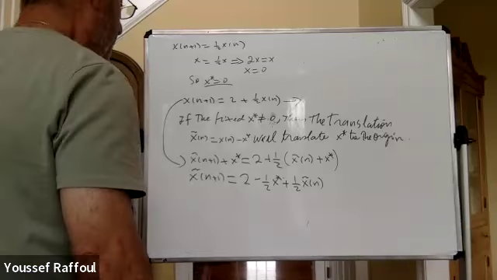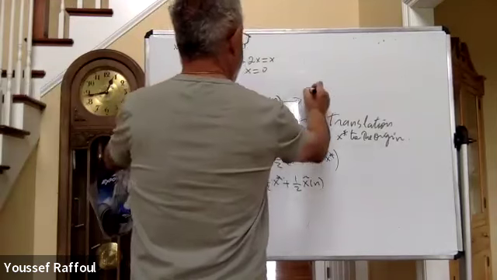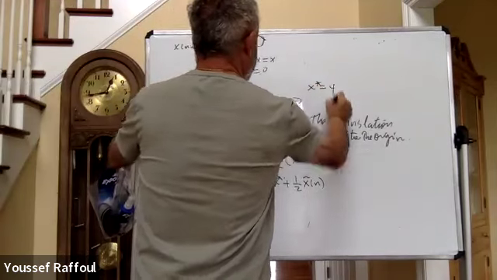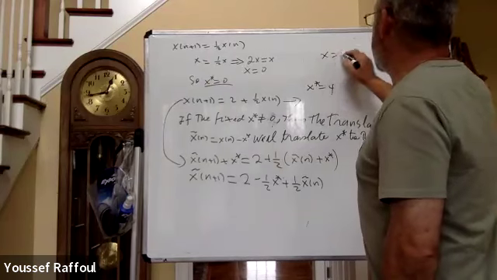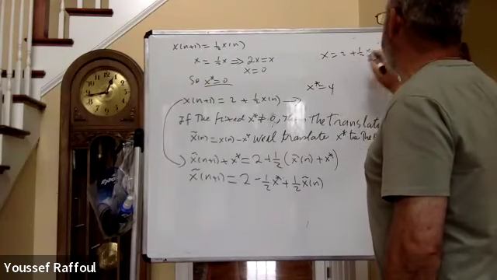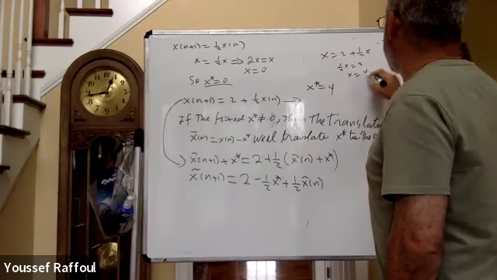So, for example, here, in this one, x star is 4, correct? Do you remember that? Because what did we do? We said x equal 2 plus 1/2 x. So we got 1/2 x equal 2, x equal 4.